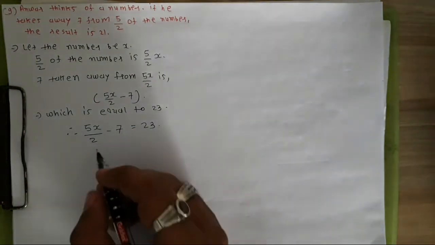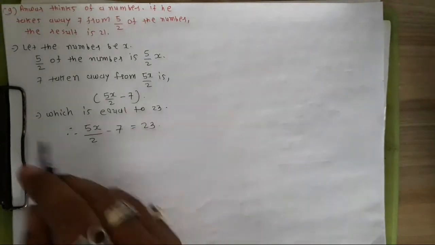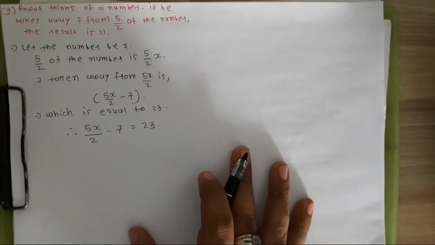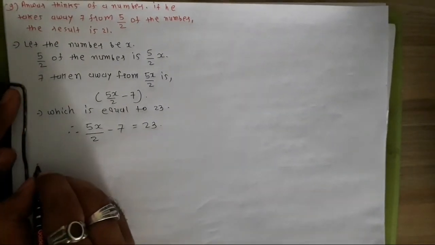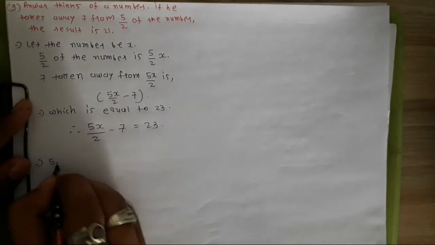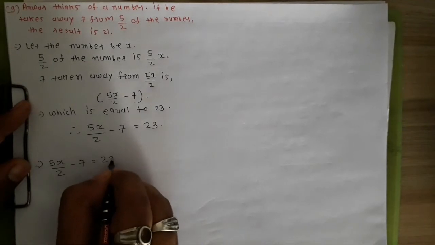So 5x divided by 2 minus 7 is equal to 21. So this is how we have to make the equation. Now we have to find the value of this x. So for that, 5x divided by 2 minus 7 is equal to 21.